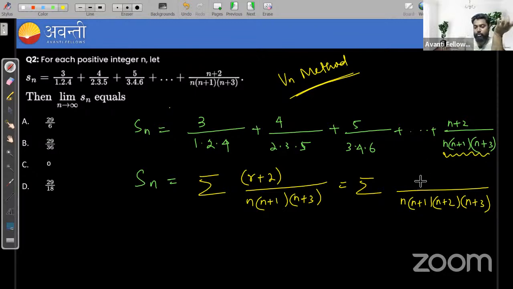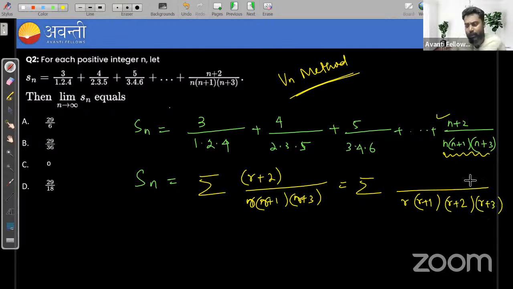Actually this is not n, this is r into r plus 1, you can write n, no problem. Already we have taken r, because in the question it is given in the form of n, that's why I'm taking r into r plus 1 into r plus 2 into r plus 3, and numerator becomes r plus 2 whole square.